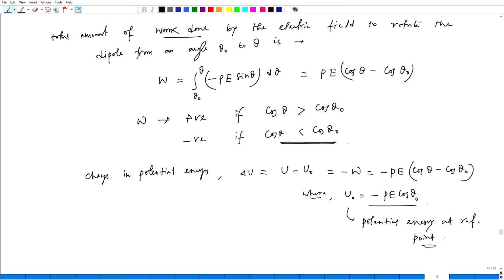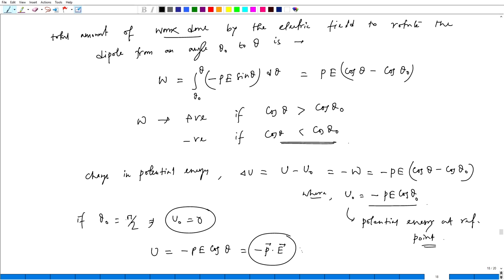At the reference point, if we choose theta naught as pi by 2, then U naught becomes 0. We choose the reference potential energy to be 0. And then the potential energy of the dipole, U, is basically delta U, which is minus W. So, U is minus p E cos theta, which is minus p vector dot E vector.